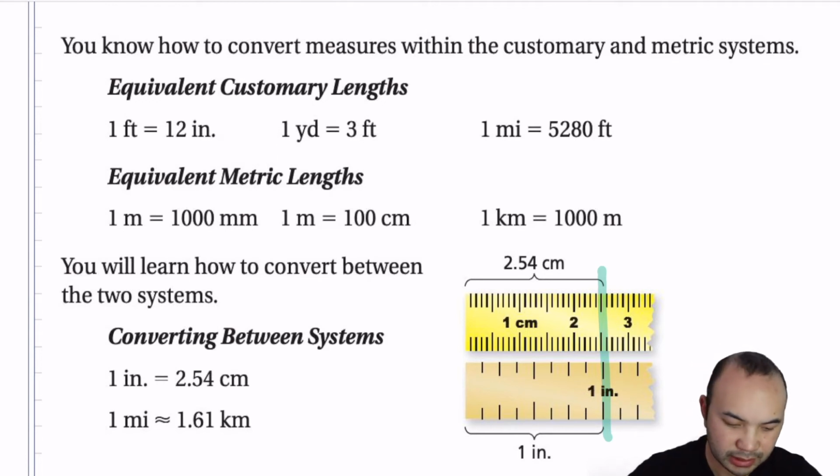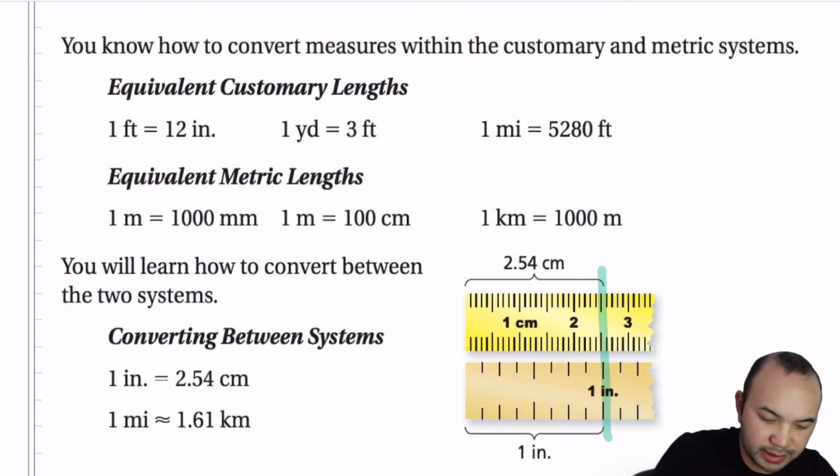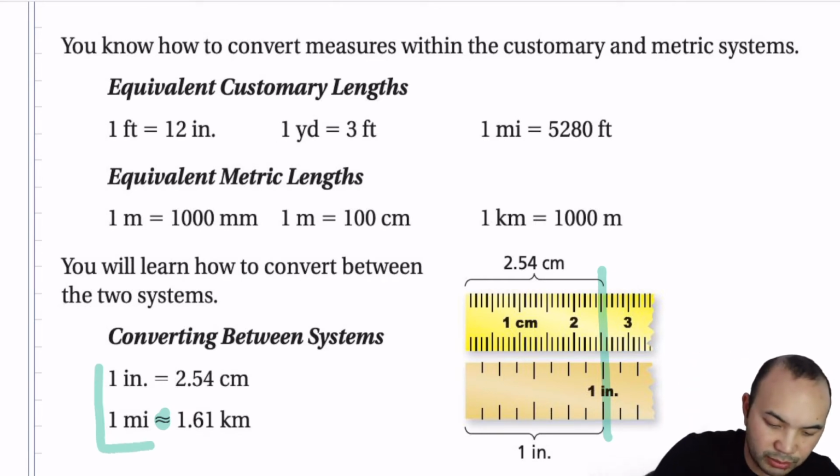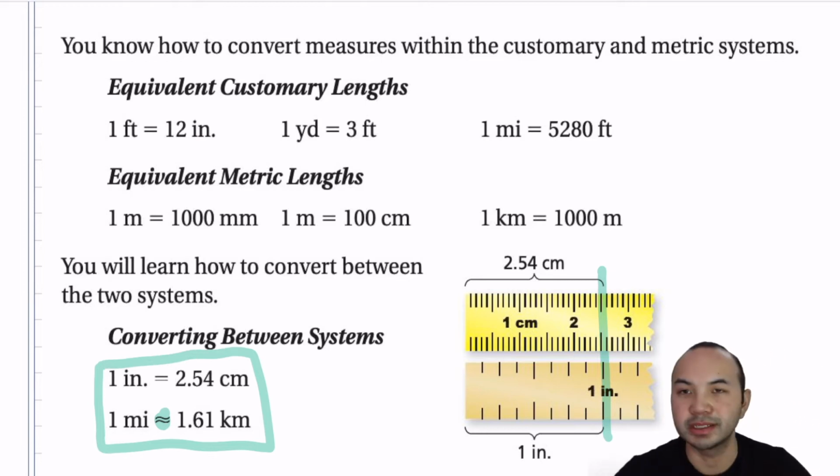And 1 mile is approximately 1.61 kilometers. It's not exact, but about that much. We're going to use these two conversions when converting between inches and centimeters and miles and kilometers.